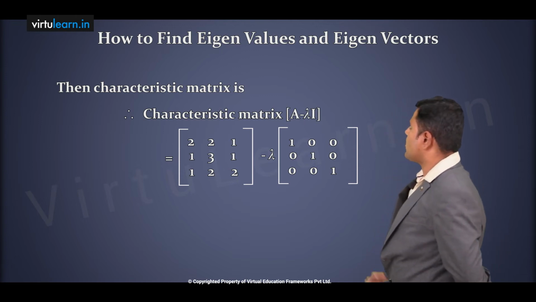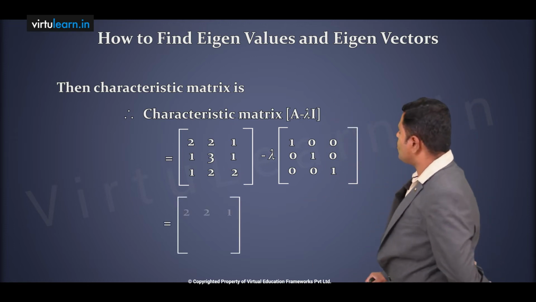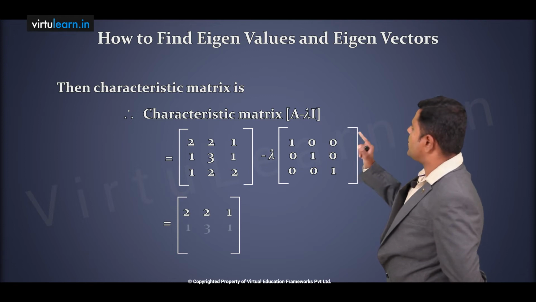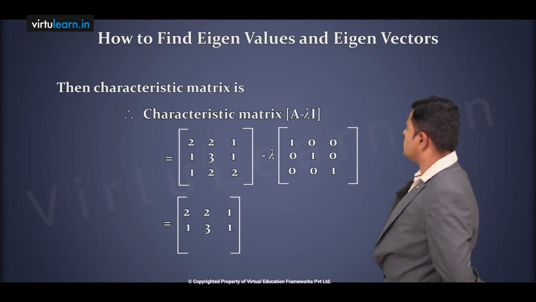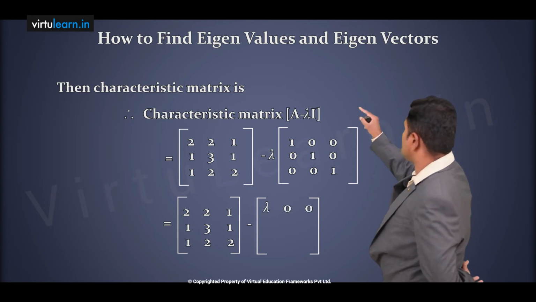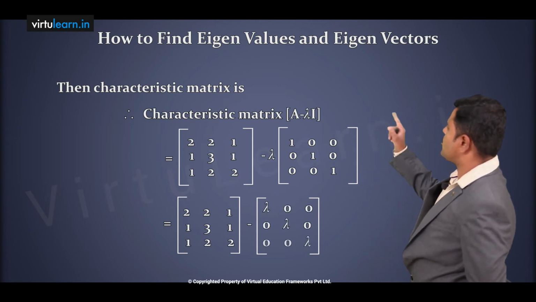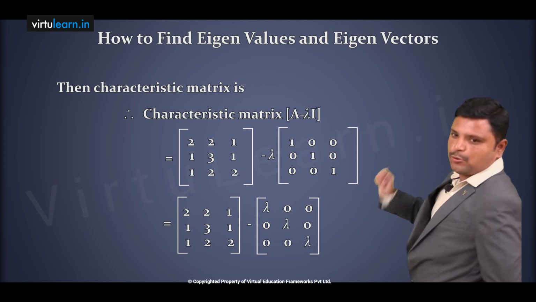Right. Now, you multiply with lambda. Lambda means 2, 2, 1, 1, 3, 1, 1, 2, 2 minus lambda, 0, 0, 0, lambda, 0, 0, 0, lambda. Now you subtract those two matrices.